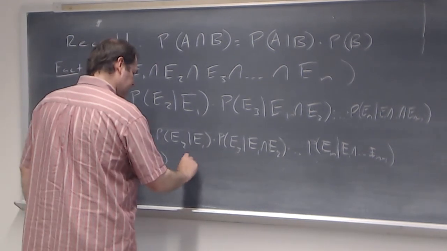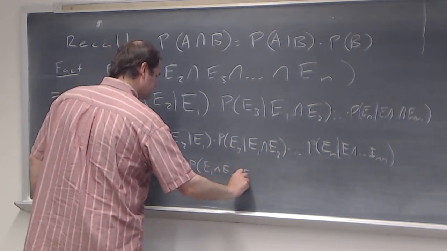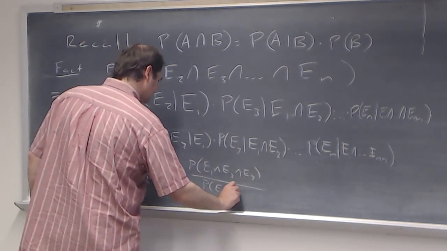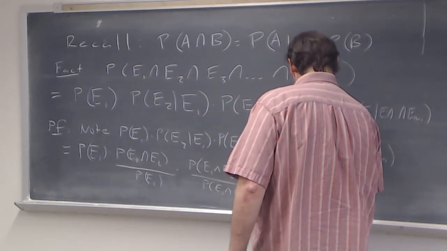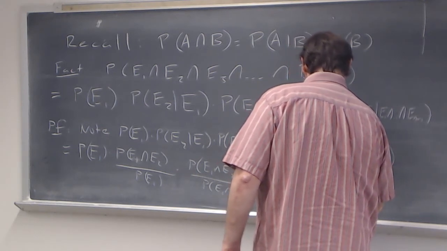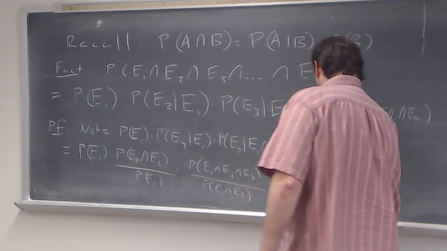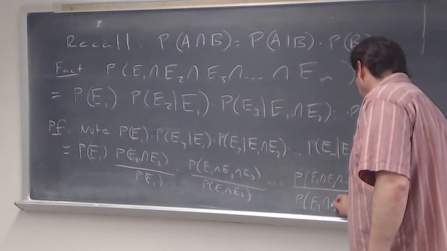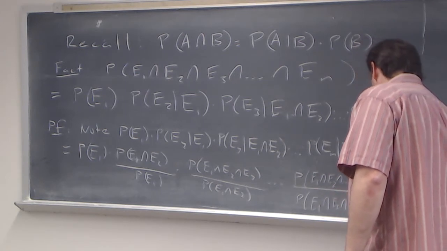times, again, this is the probability of E1 intersect E2 intersect E3 over the probability of E1 intersect E2, times, we'll keep on going so we get to the probability of E1 intersect E2 intersect all the way up to En over the probability of E1 intersect E2 intersect all the way up to En minus 1.